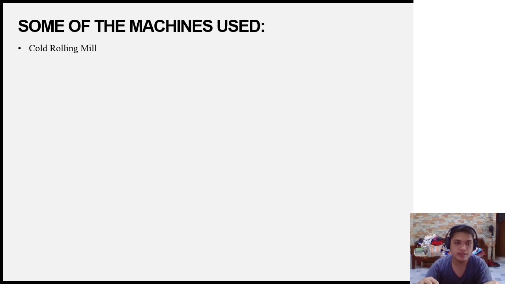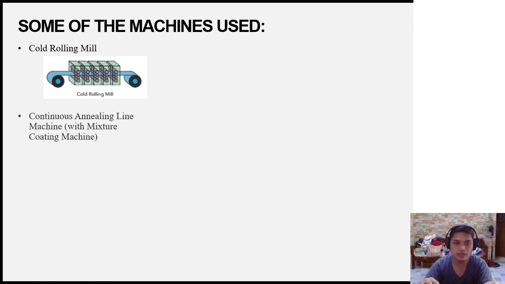Next machine would be the cold rolling mill to be able to reduce the temperature of the recoiled sheets, as it is given in its name, cold rolling.